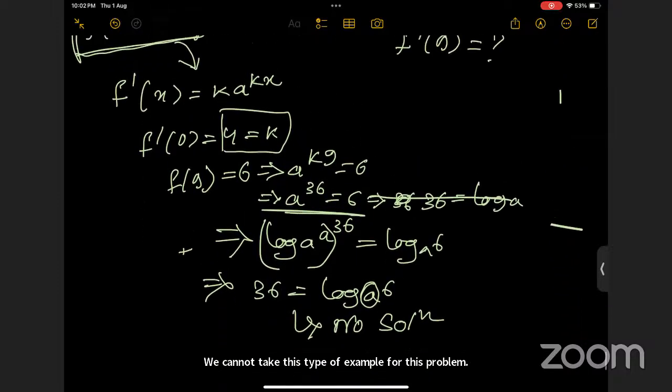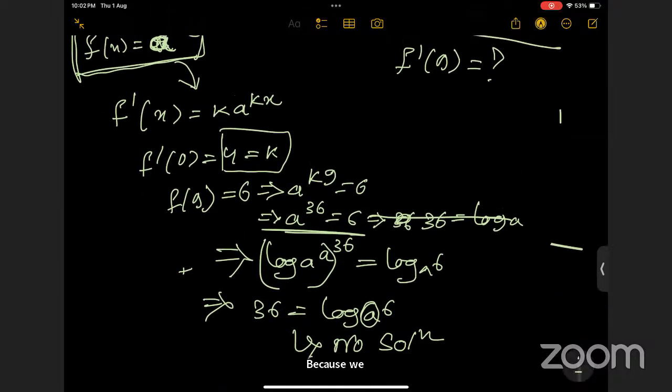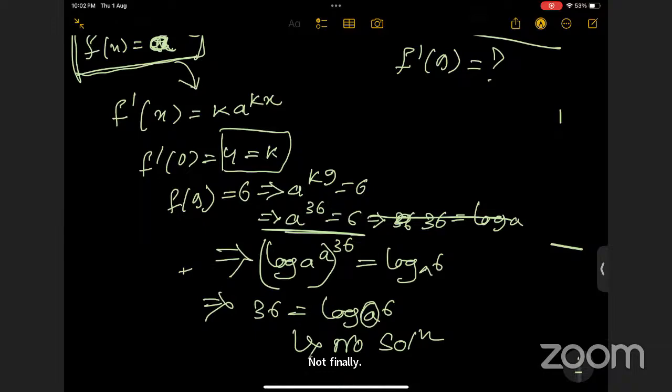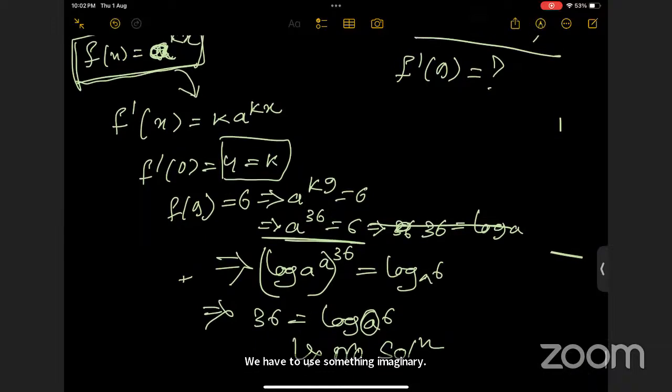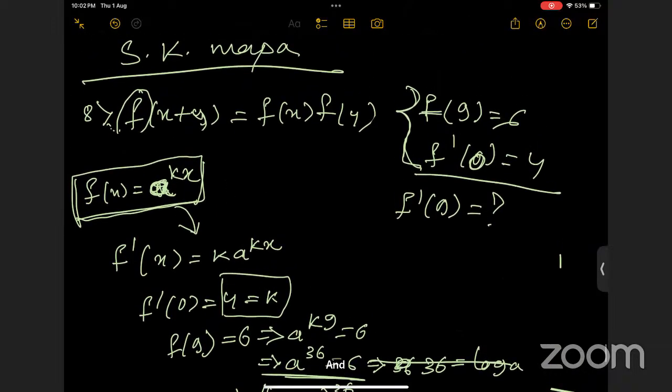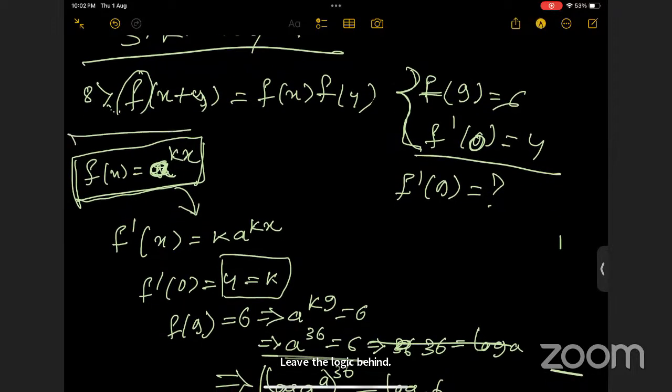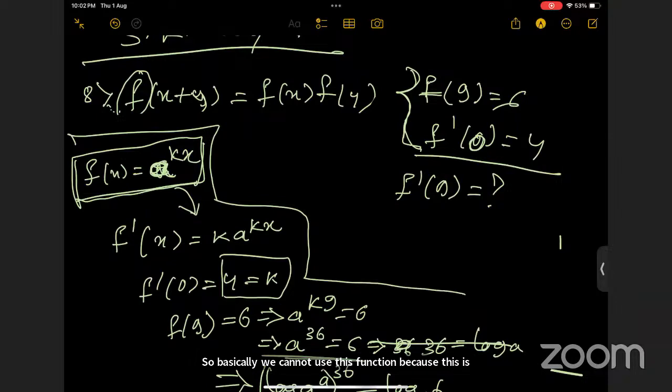Yes, because we cannot use any known functions. We have to use something imaginary and believe the boundary conditions are met and then leave the logic behind. Yes. So basically, we cannot use this function because it is not satisfying this condition.